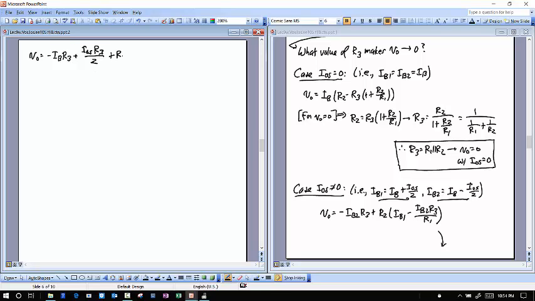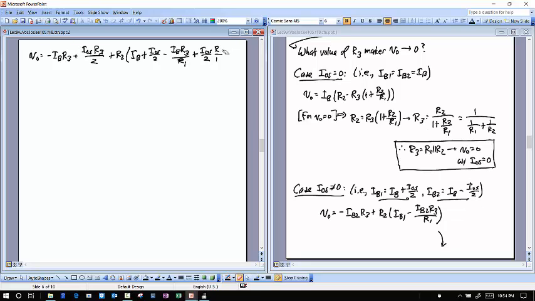plus R2 times the quantity IB plus IOS over 2 minus IB times R3 divided by R1, and then plus IOS over 2 times R3 over R1.